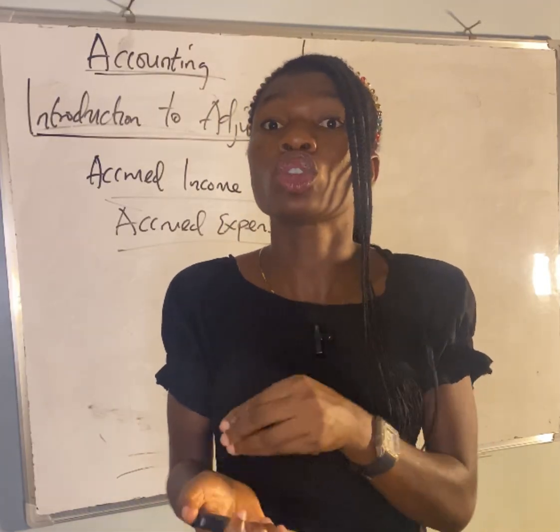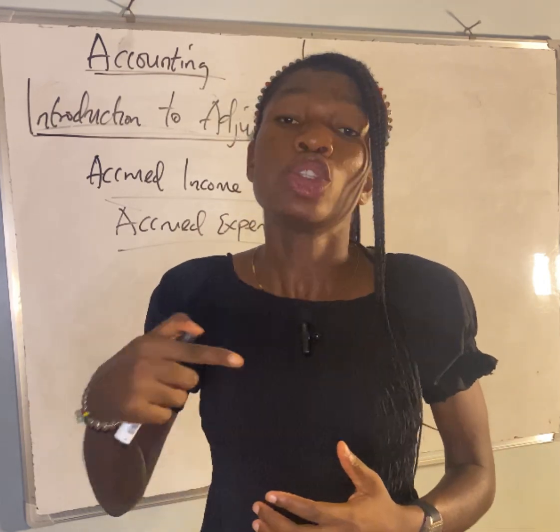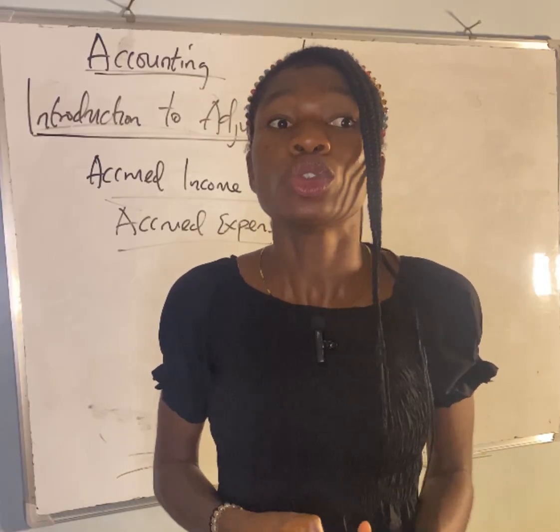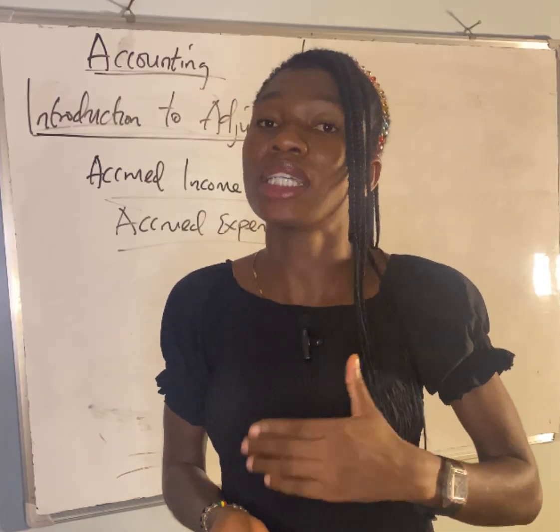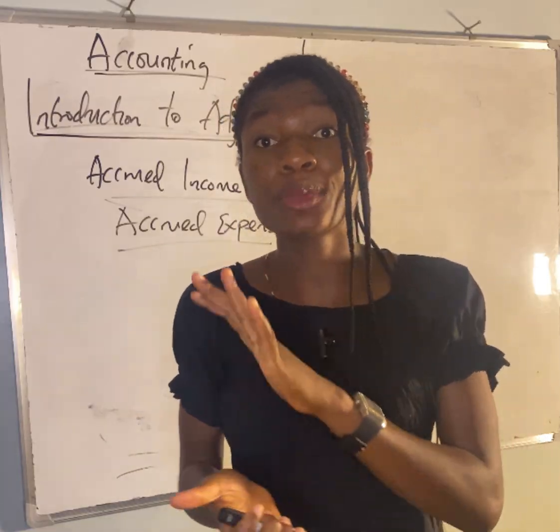Accrued expenses is the opposite. There's an expenditure you have enjoyed but you are yet to pay for it. Those are expenses that are due but unpaid as at when the financial statements are being prepared.